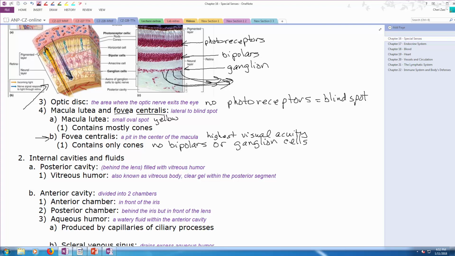So what else would be there besides cones? Rods. And so if you were to kind of draw a macula lutea, I'd say mostly cones. And then I'd have this little spot there called cones only. Now this is all part of the retina, so now I have more cones.